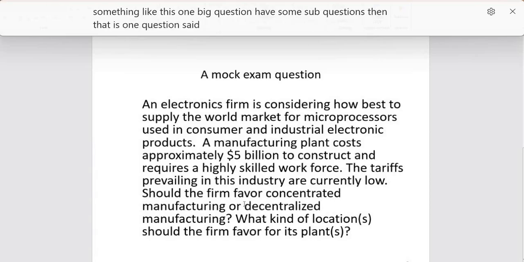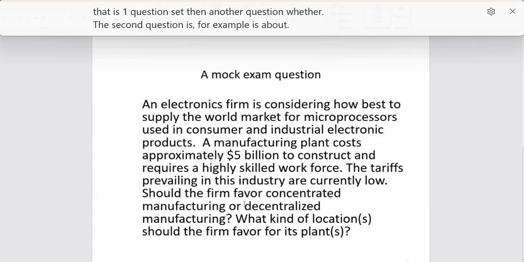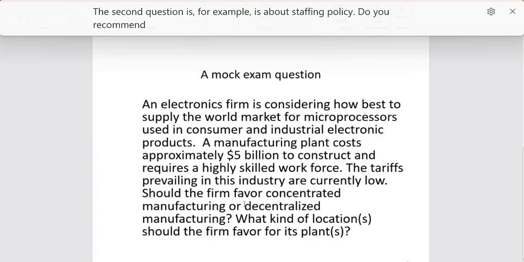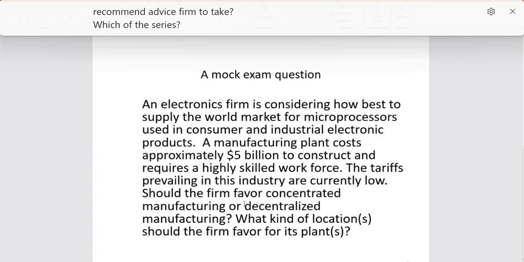Then another question, for example, about staffing policy. Do you advise the firm to take which of the 3 staffing policies? That's number 1.